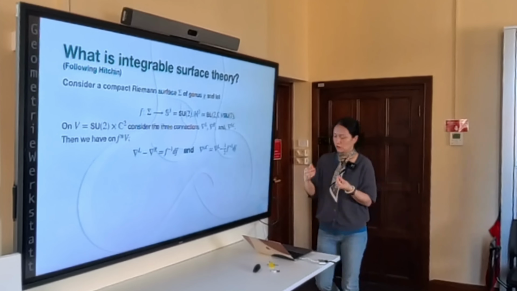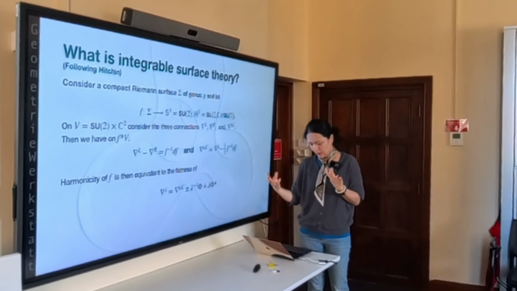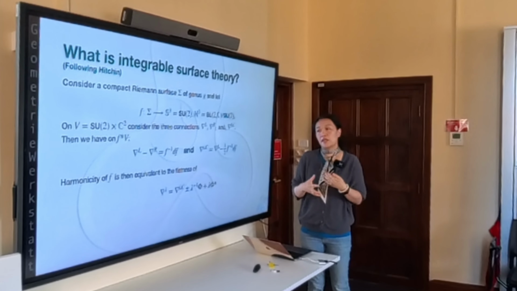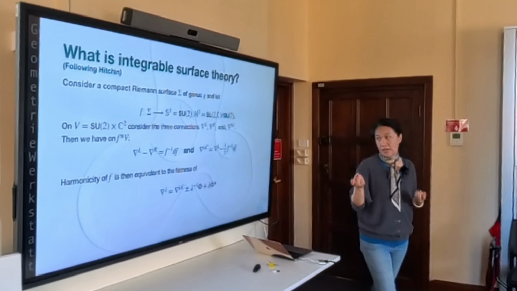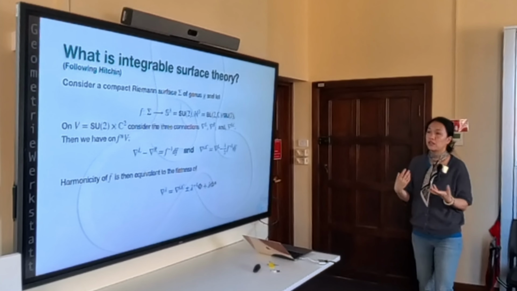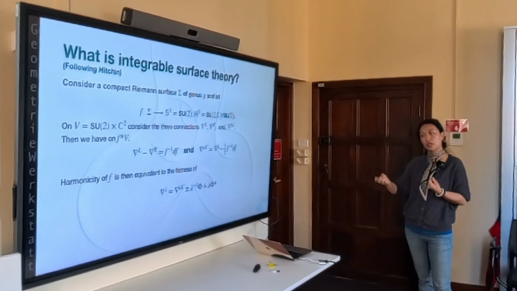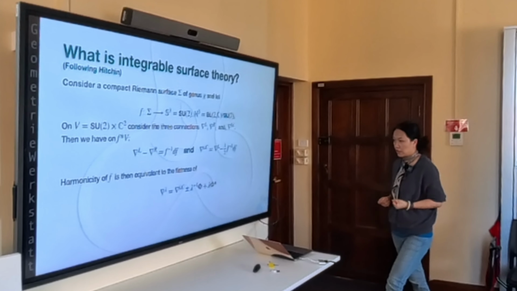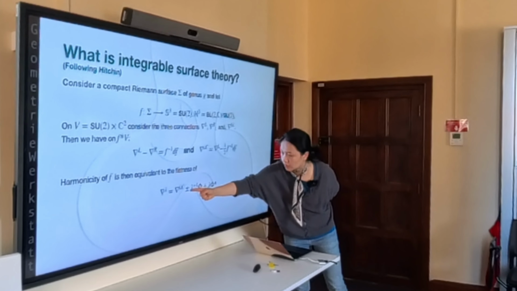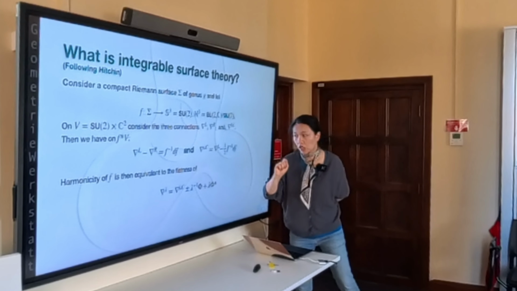So now I can reformulate the harmonicity of F, and also Willmore is kind of a harmonicity equation for its mean curvature sphere, in terms of flatness of connections. The minus sign corresponds to S3, and the plus sign corresponds to H3 here.